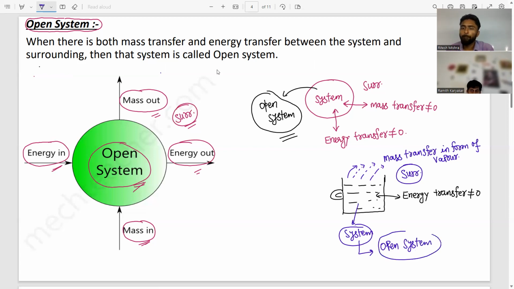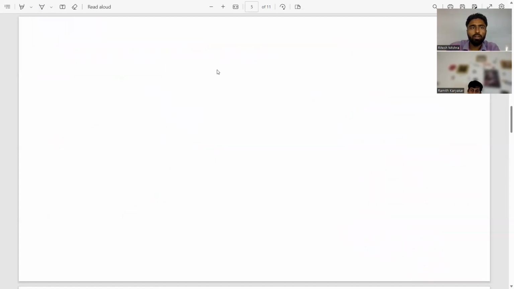Okay, my dear? Let's move to the new example. In the closed system, I took the example of a piston cylinder arrangement with no valves. But when we take a piston cylinder arrangement with valves, when a valve is present, that system is called an open system. How?